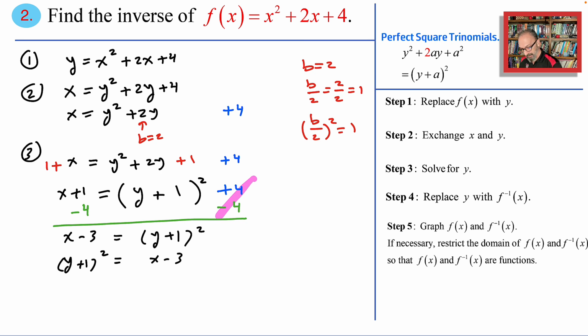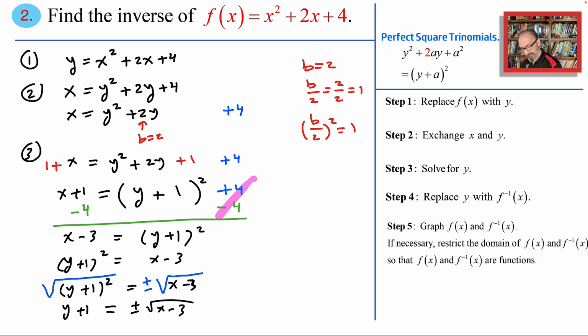To solve for y, I'm gonna apply the square root to both sides. And to do that, we have to be careful and add the plus minus. Now, on the left side, it's just y plus 1. On the right side, it's a plus minus square root.